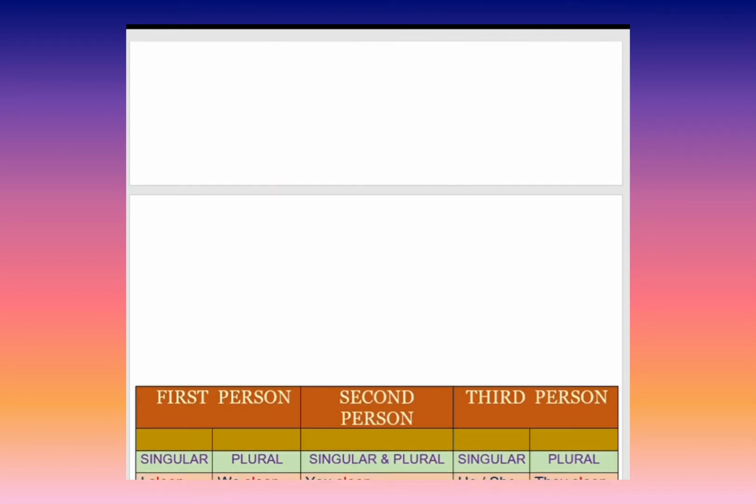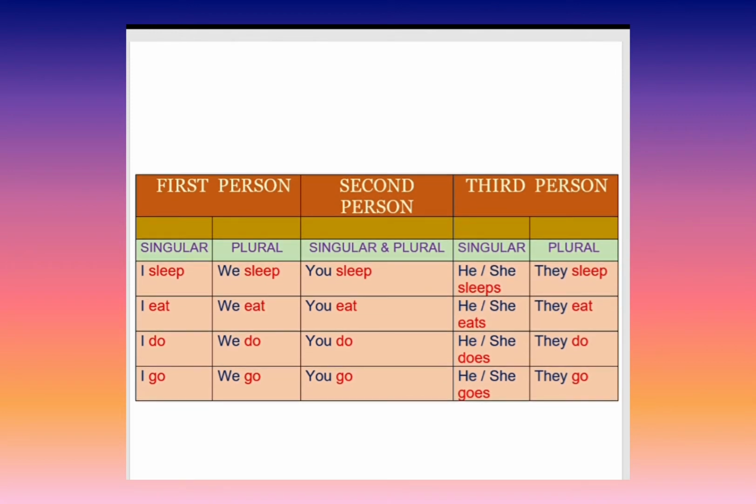Now, this is another table. To show that a verb is in the present tense, we either use the verb as it is or add an s or es to it. Now here the verb which we are using is sleep.